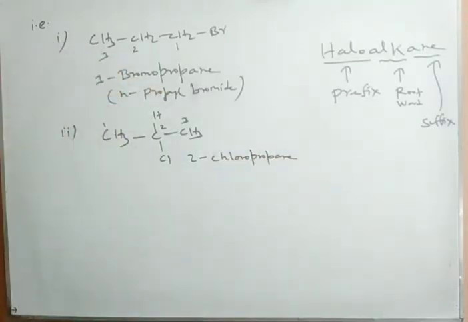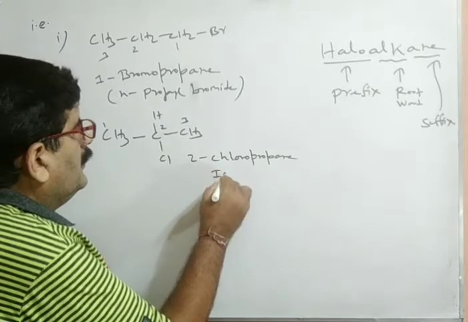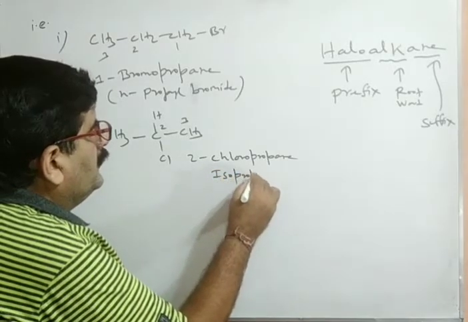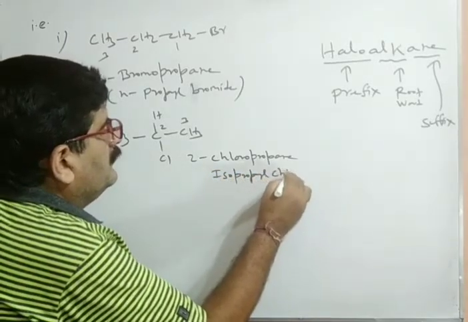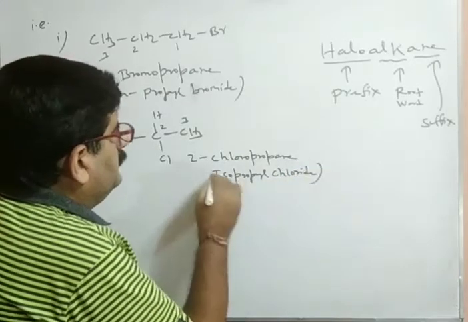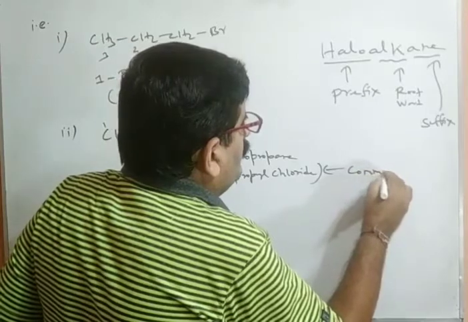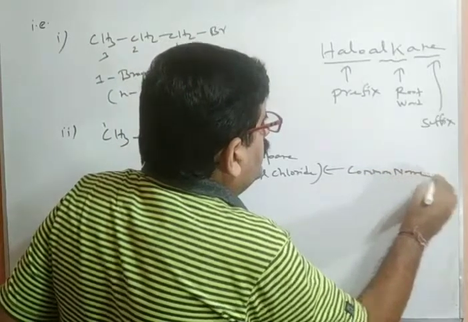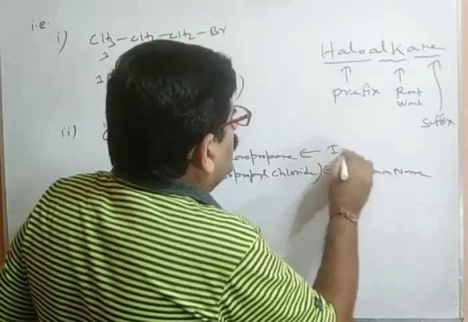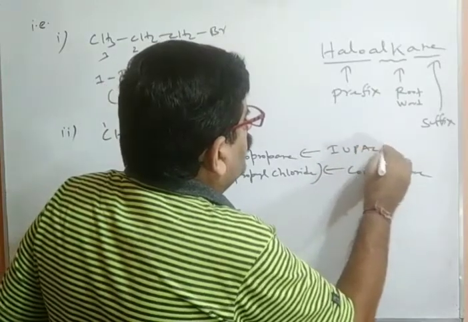This group is said to be iso. So the common or trivial name is isopropyl chloride. This is the common name, and this becomes the IUPAC name.